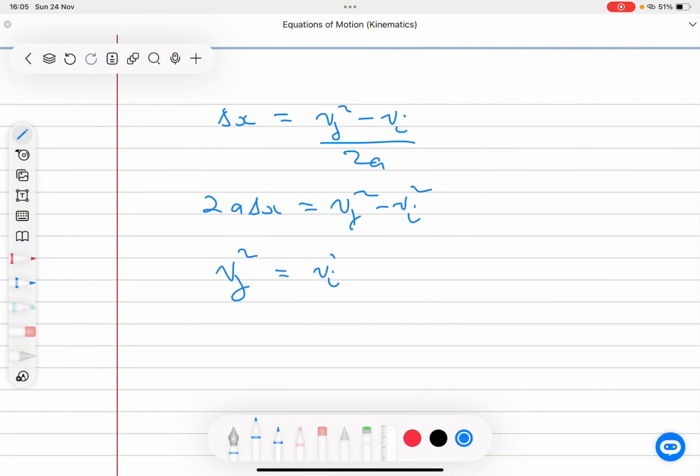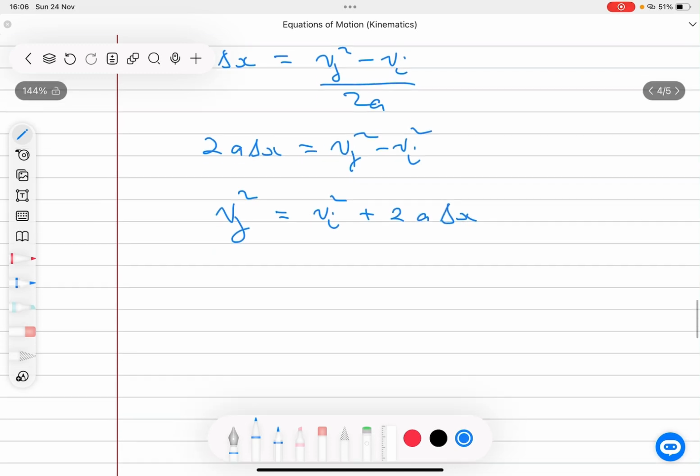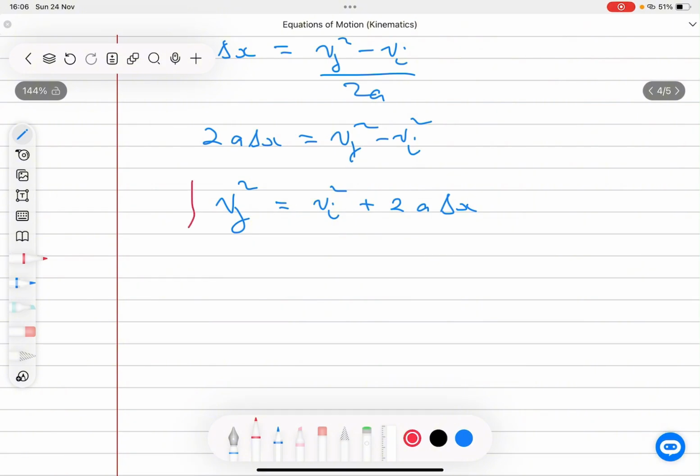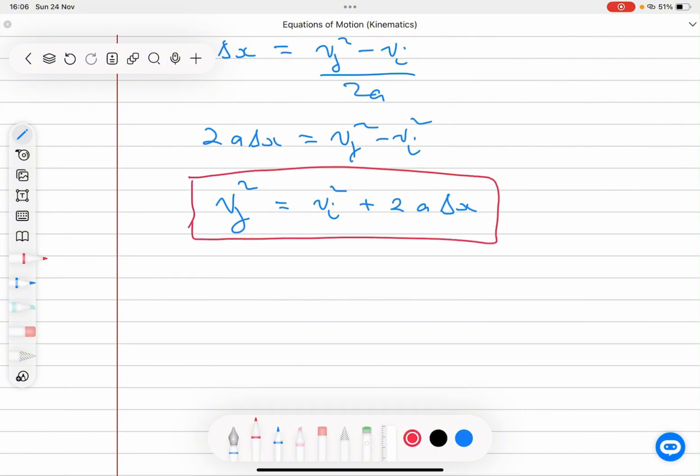So this will give me final velocity squared is equal to initial velocity squared plus 2a change in x. And this is the fourth and our last equation of motion.